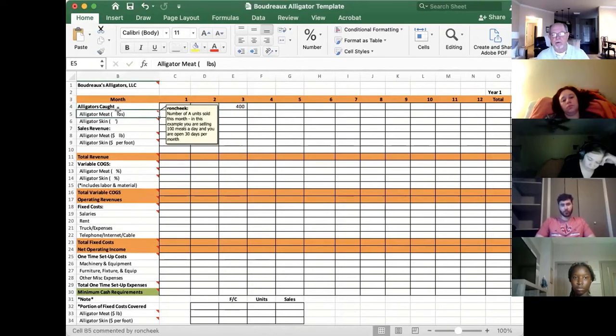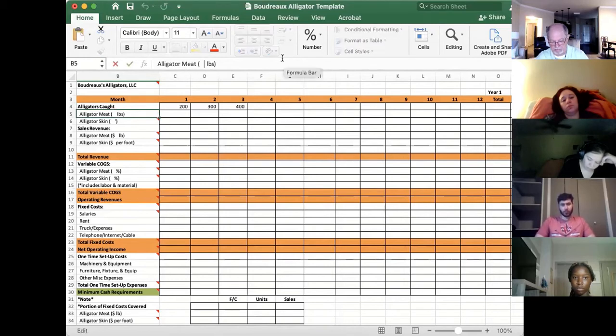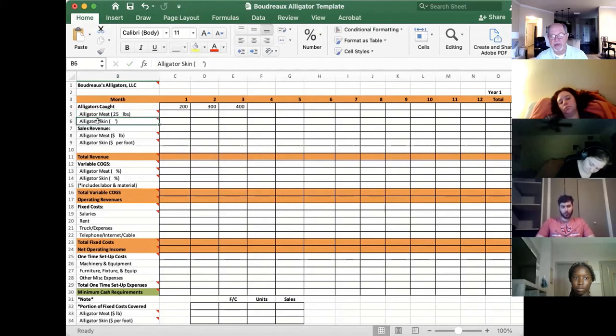Now, his alligator meat was going to sell, he said, for $1.50 a pound. So we want to make sure we put the numbers in there so we remember. What we said was he's going to get 25 pounds per alligator. Skin, he said he was going to get 6 feet.